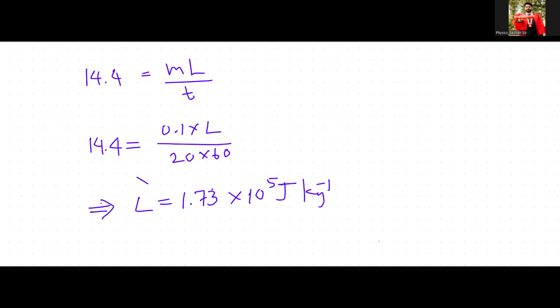Why do they mention these kinds of things? See, the wax remains as a liquid and its temperature does not increase. That means it does not come to the boiling point.